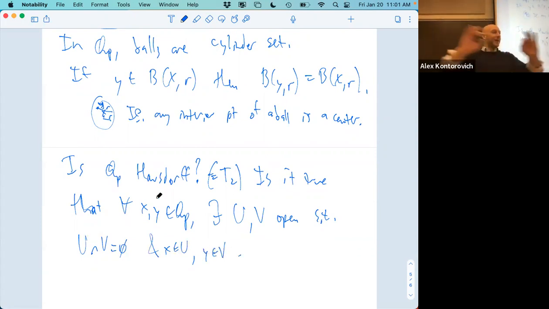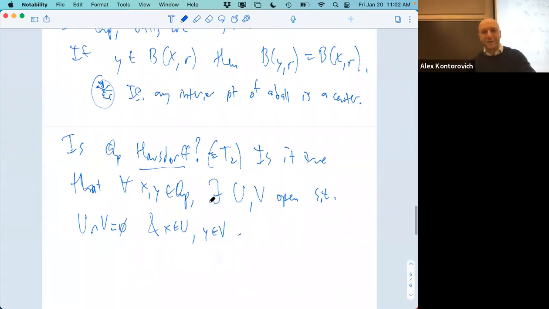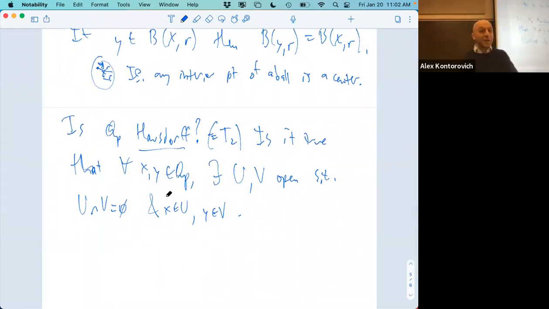So if I have two points, can I separate them by open sets? Hausdorff is the best notion. We don't need the other. We have a topology. Is it true that we can separate points by open sets?